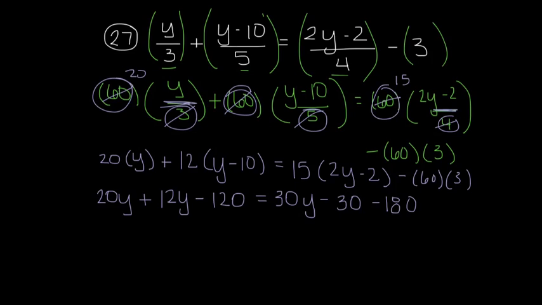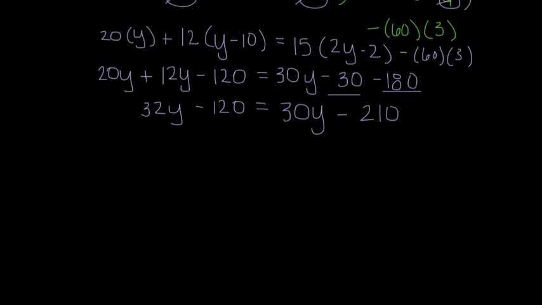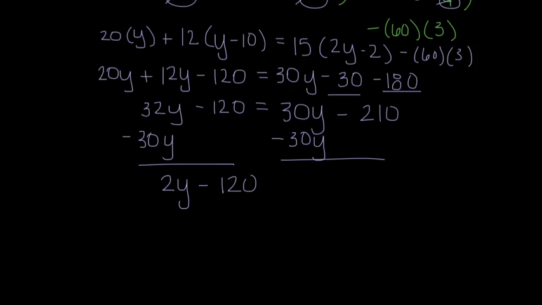Simplify, 20y plus 12y is 32y minus 120 equals, let's see, minus 30 and minus 180. I still have that 30y. Gives me minus 210. If I subtract the 30y from both sides, that gives me 2y minus 120 equals negative 210.